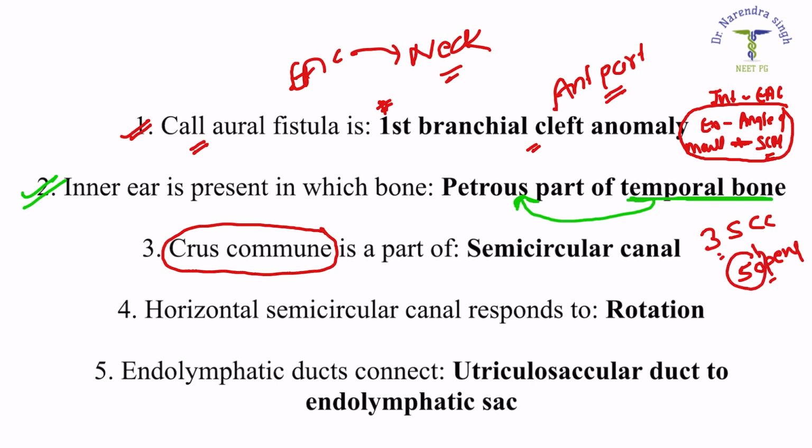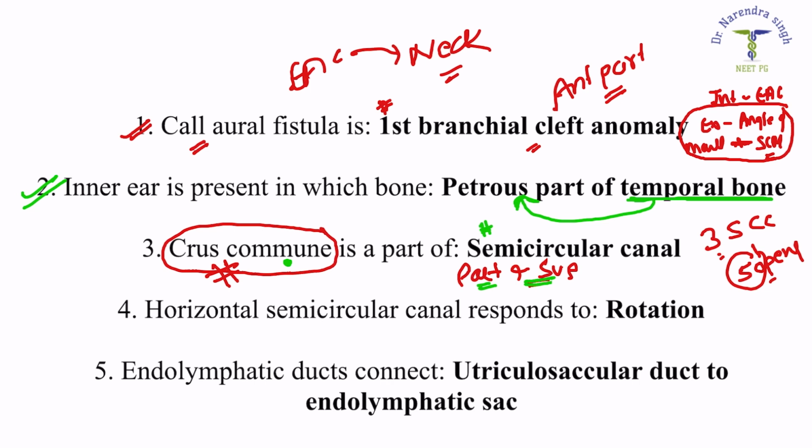The reason is that 2 openings of the posterior and superior semicircular canals fuse together to form a single opening that is known as the crus commune. Then it opens into the utricle. So this is the importance of crus commune, and it is related to the semicircular canals, specifically the posterior and superior semicircular canals.